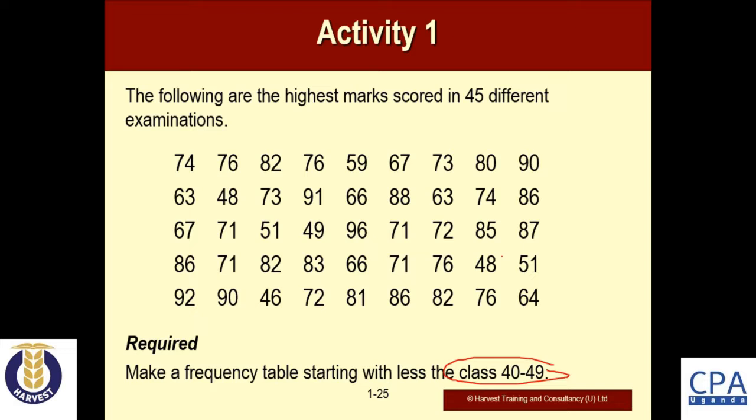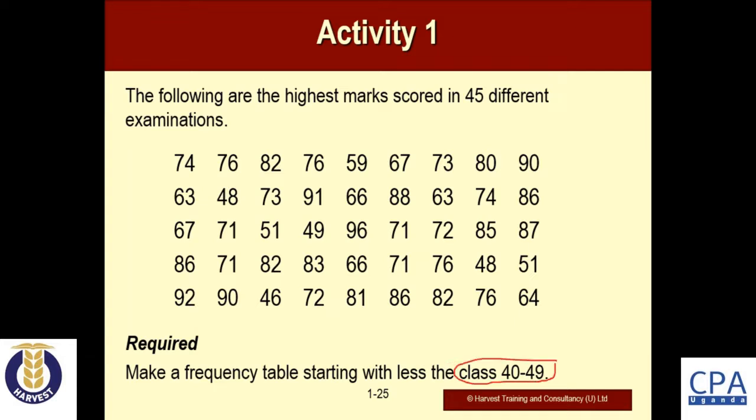So for today, we have been told to begin with a class of 40 to 49. So it is my belief that the least score here should be between 40 to 49. I shouldn't expect to say 30 here. So let us just cross-check and ensure that we don't have any figure that is below 40 to 49.